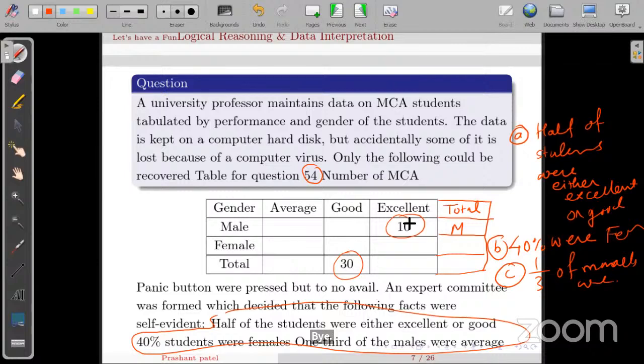So it says that 1/3 of male students were average. The fact 3 says that 1/3 of male students are average. So what should come here, in this place?